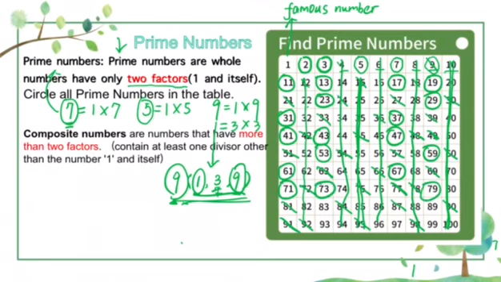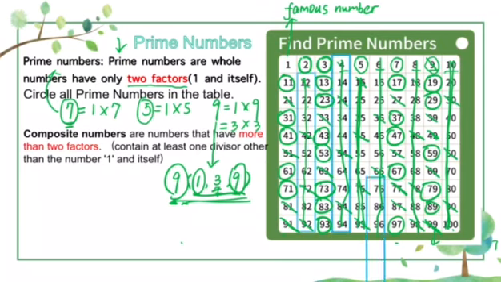From 70 to 80, 3 prime numbers. From 80 to 90, 2 prime numbers. From 90 to 100, I forgot this one. This one is a multiple of 11, also 9, also 3. Okay, drop it. So from 90 to 100, we have 2 prime numbers. Okay, that's all.